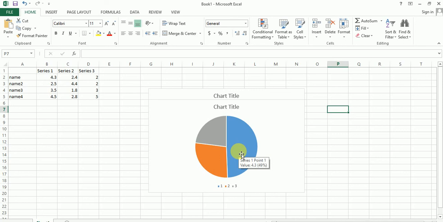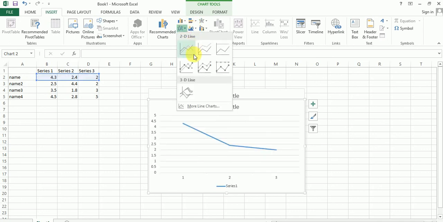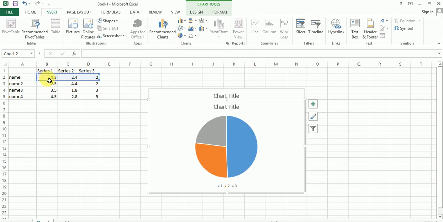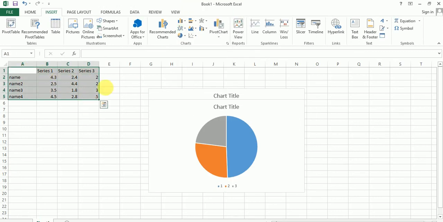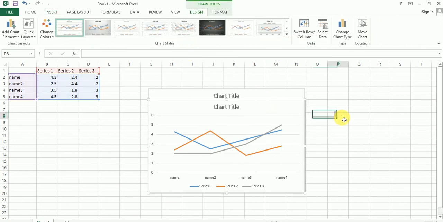Okay, next, line chart. Line chart, this one. A line chart is in the form of a line. It uses dots that are connected over time.